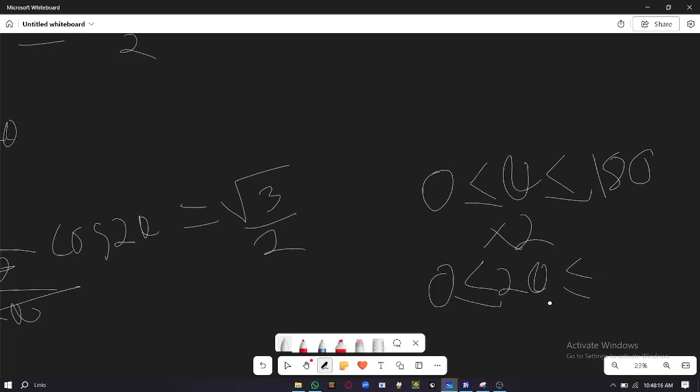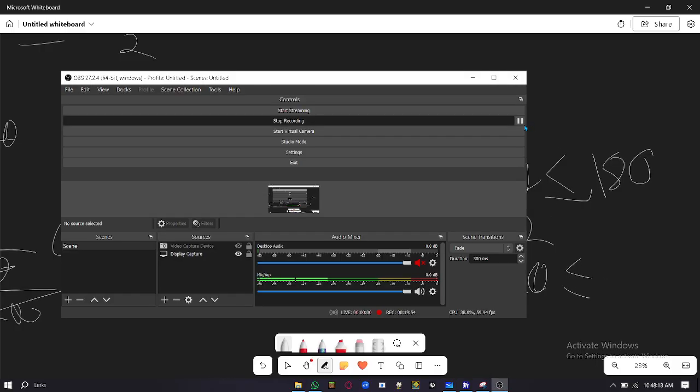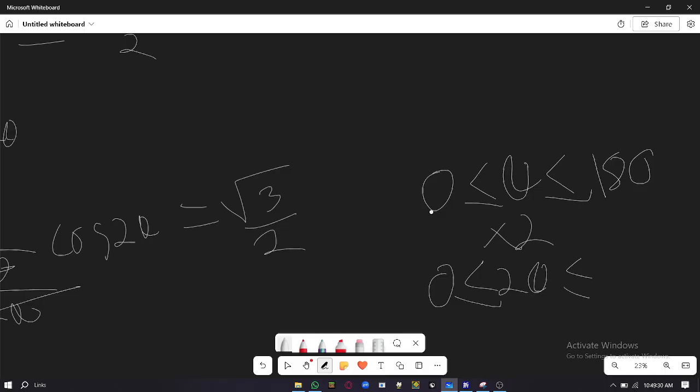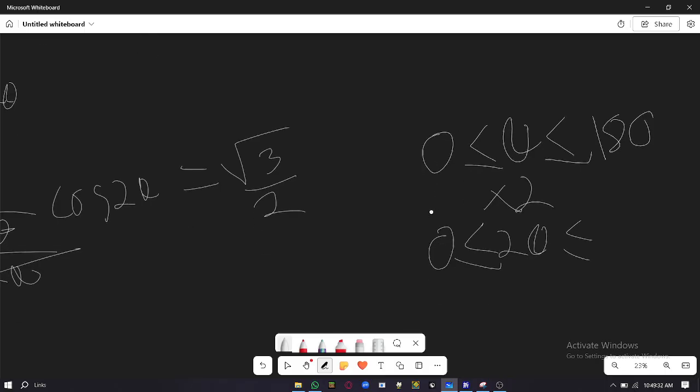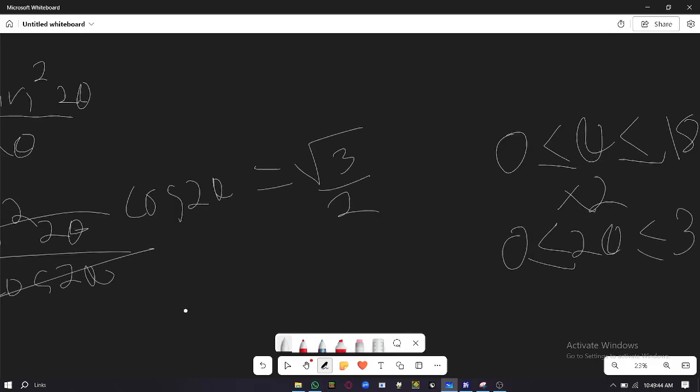Let me go get the calculator real quick. Okay, so 180 times 2 is 360. So now we have the ability to take inverse, because they match the range.